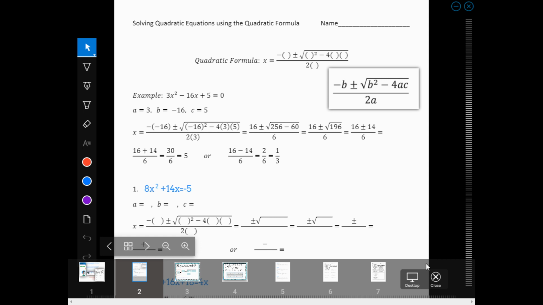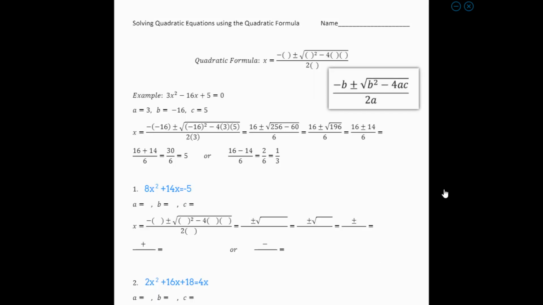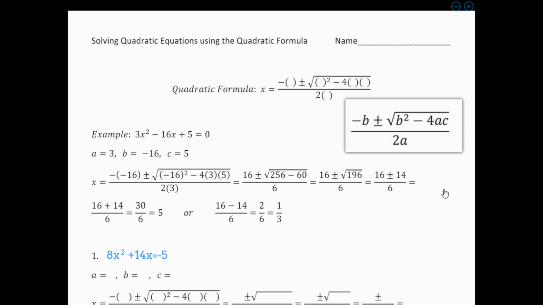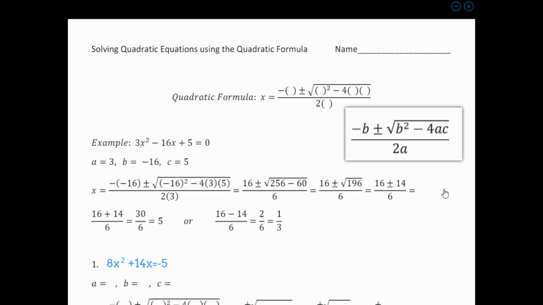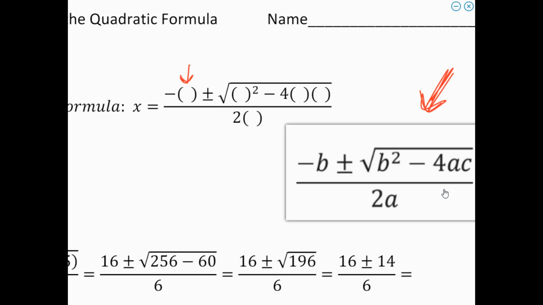Okay. Up here at the top, you need to fill in these blanks. You do not have this. I put it there so that you wouldn't have to look back at the front cover. Okay, so what is going to go in this parentheses right here? This is on the inside of your notes. What's going to go there? A B.